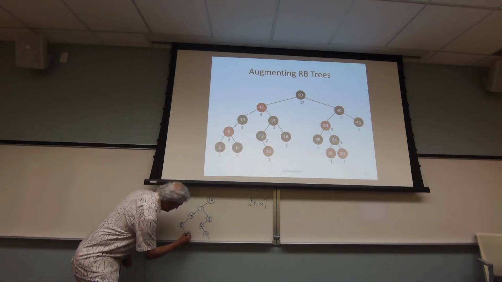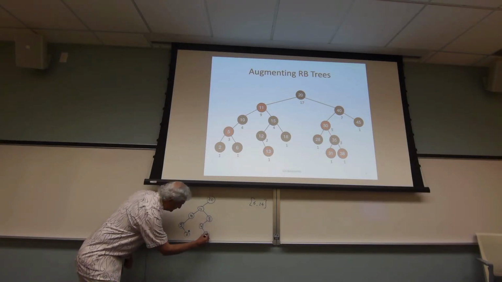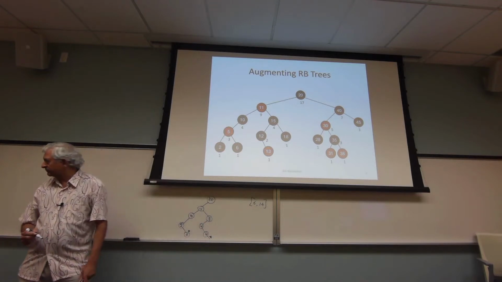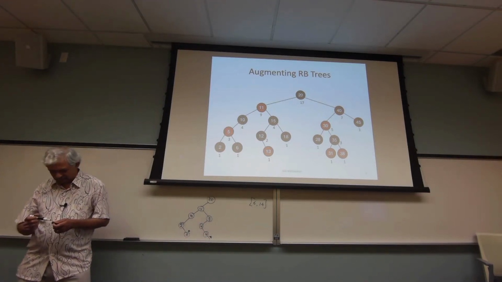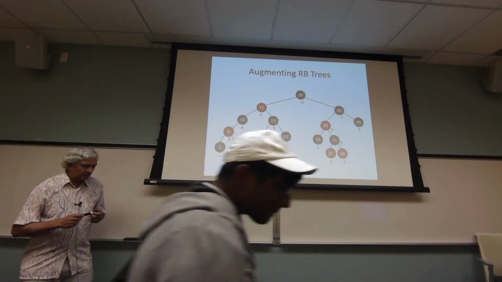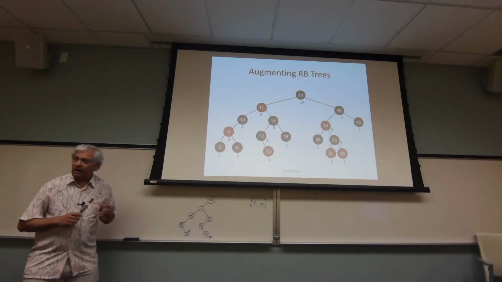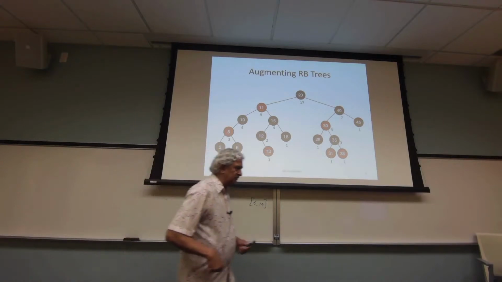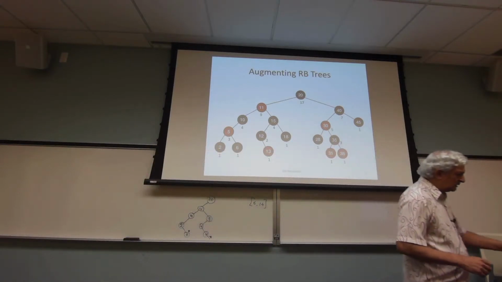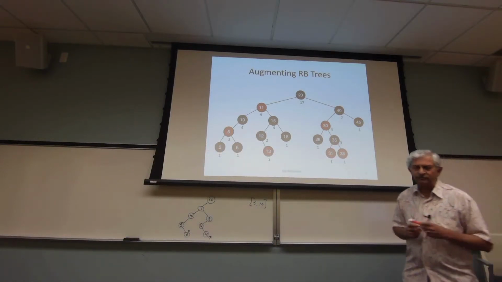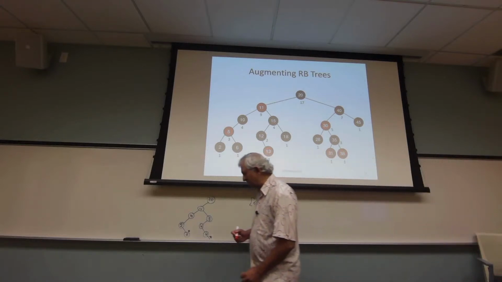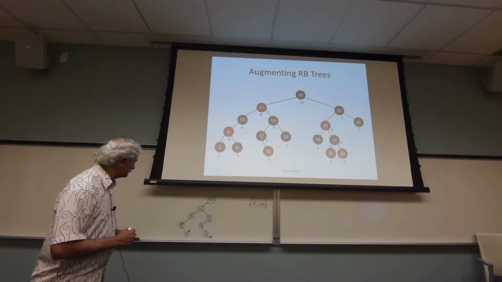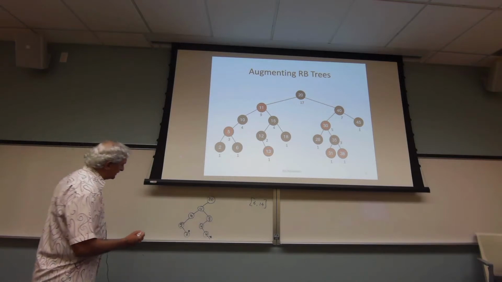I want to know how many nodes are somewhere in between this point and this point in the tree. All right. Now the question is, how do I do this? In order to do this, I'm going to use the size information, and you'll see how it becomes useful. So let's write down the size information.